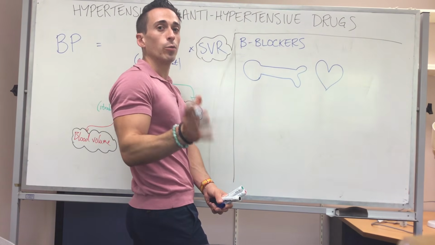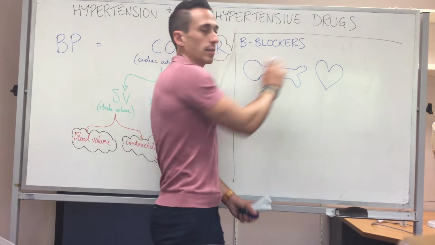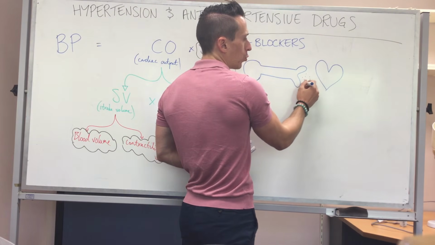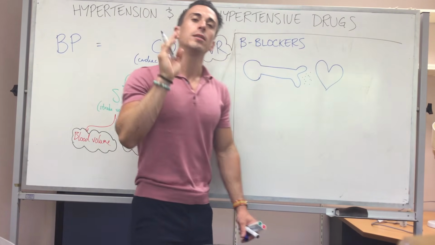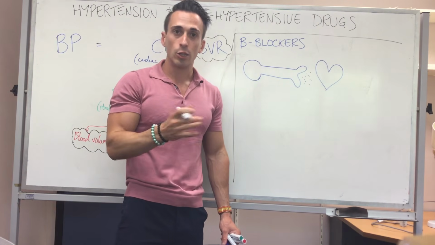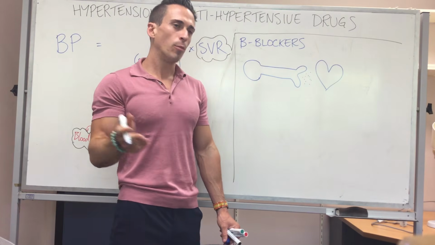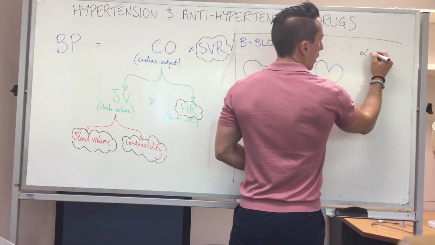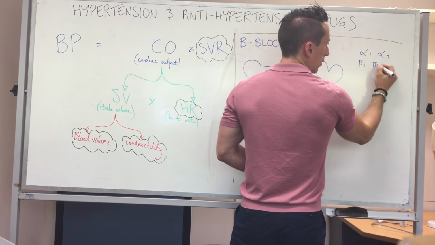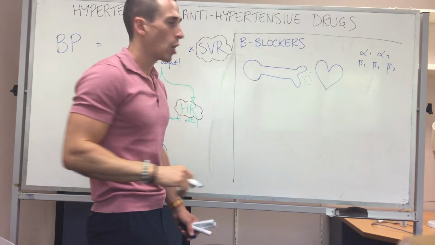What's the neurotransmitter released at all sympathetic neurons at the effector organ? It will either be adrenaline or noradrenaline, which means adrenaline or noradrenaline need to bind to specific receptors called adrenergic receptors. Remember, you've got alpha 1, alpha 2, beta 1, beta 2, beta 3 adrenergic receptors.